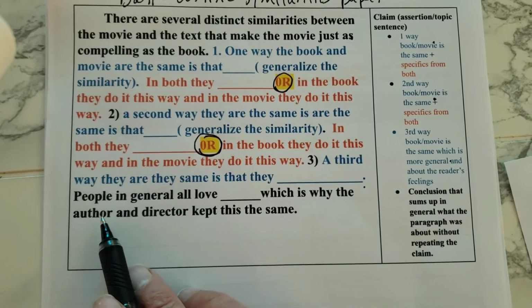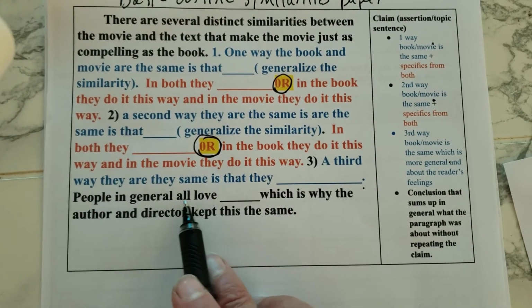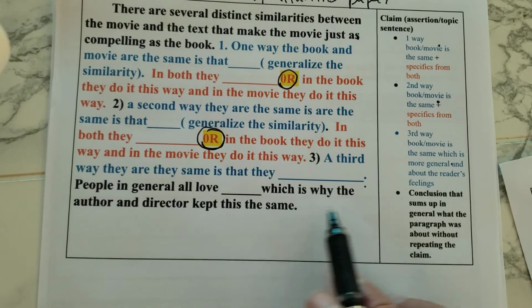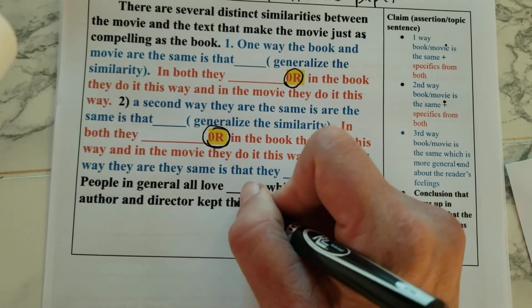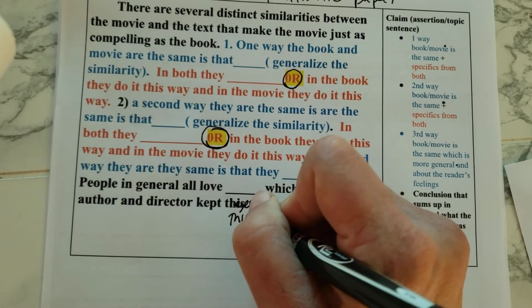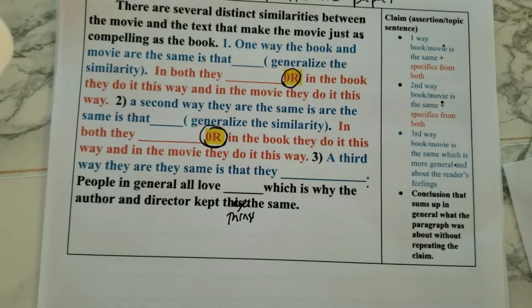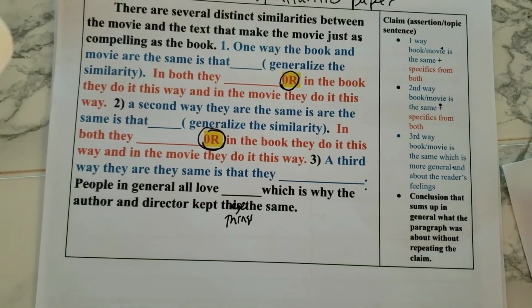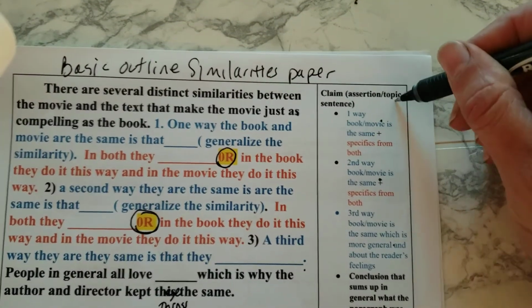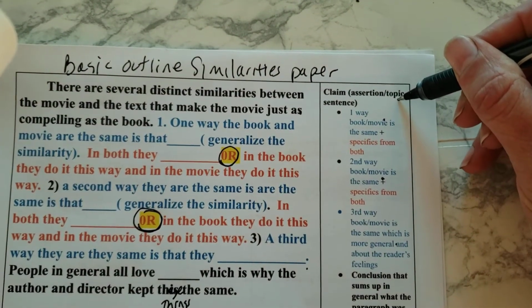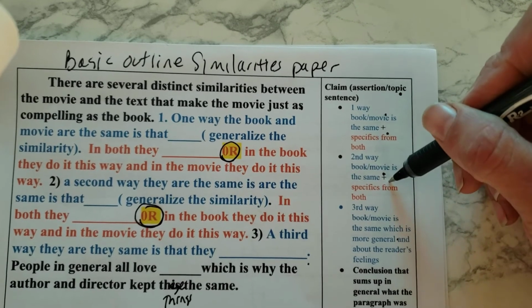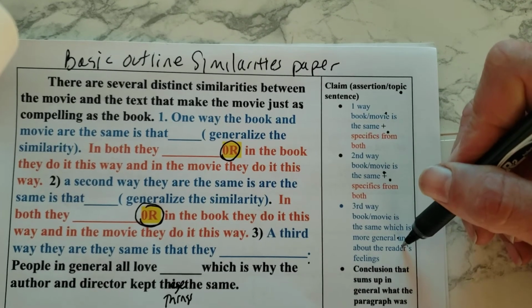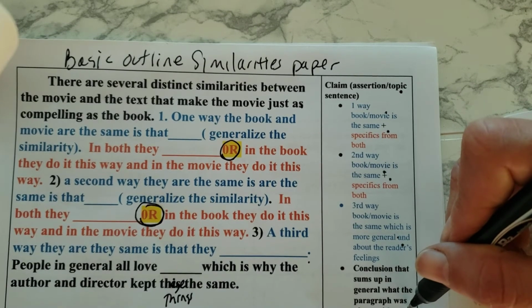Then a concluding statement. People in general all love something, which is why the author and the director kept this the same. It should say these things, kept these things the same, or these aspects. So you've got, hey, there's similarities between the movie and the text. One similarity is this, another similarity is this, another similarity is this, and then you sum it all up.